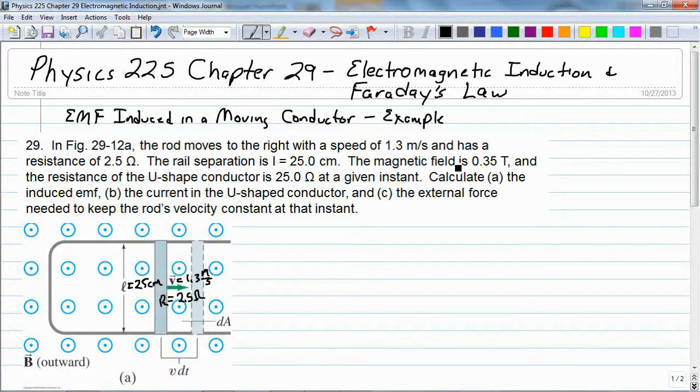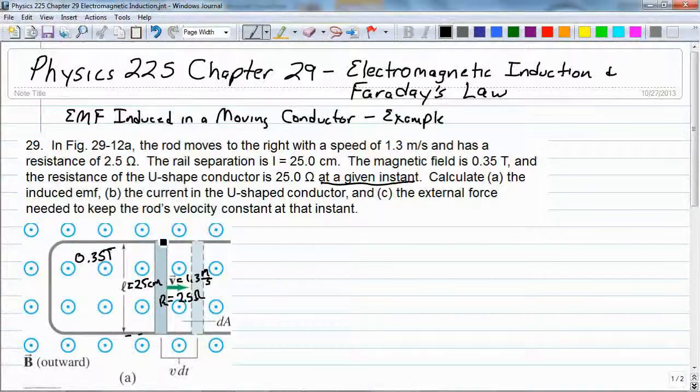The magnetic field is 0.35 teslas. And the resistance of the U-shaped conductor is 25 ohms at a given instant of time, because as this bar moves, the resistance will increase because of the extra distance.